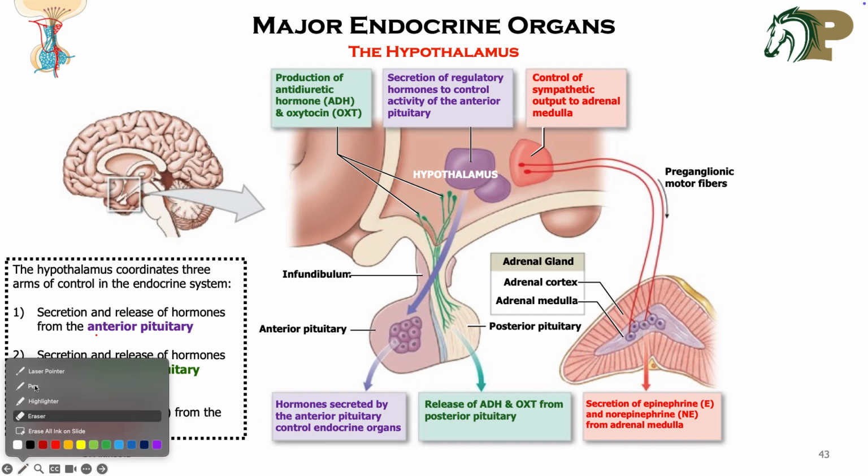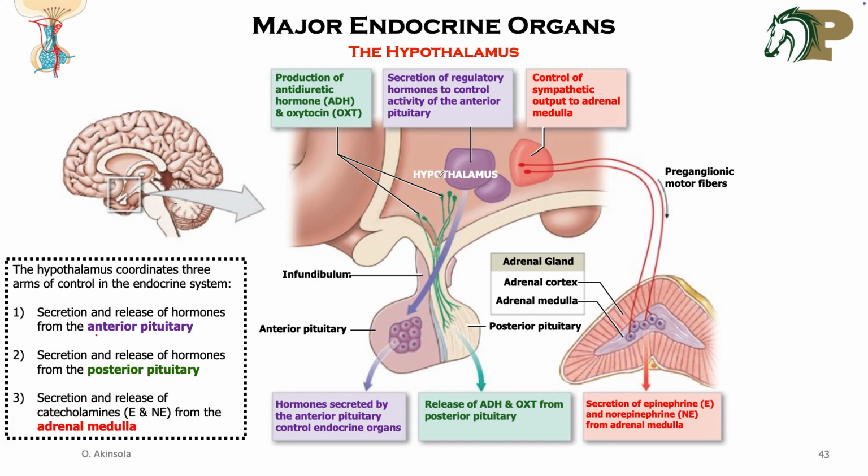What we're talking about here, if you look up here at the hypothalamus, you can see over here we have control of the sympathetic output to the adrenal medulla, which is taking place over here. Remember, the adrenal medulla is the inner portion of the adrenal gland.